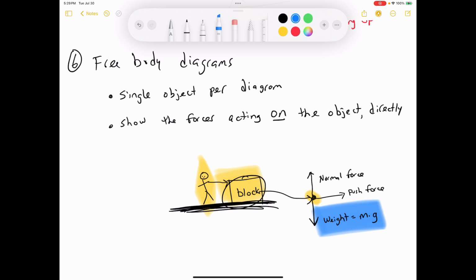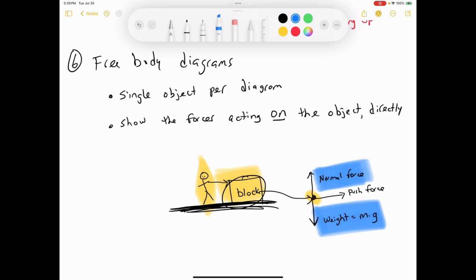They're opposites in magnitude. So let's say the weight is 100 newtons. The normal force also has to be 100 newtons. If it wasn't the same, then the block would be accelerating in the up and down, or y, direction, and it's not. It's not accelerating up or down. So the top and bottom forces have to be the same.